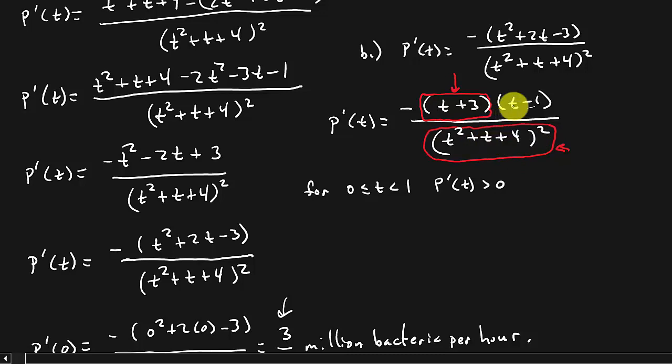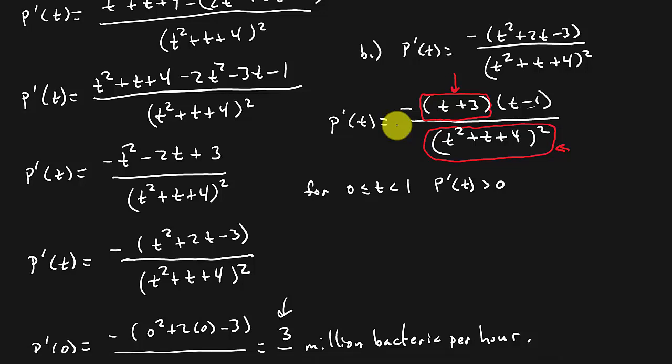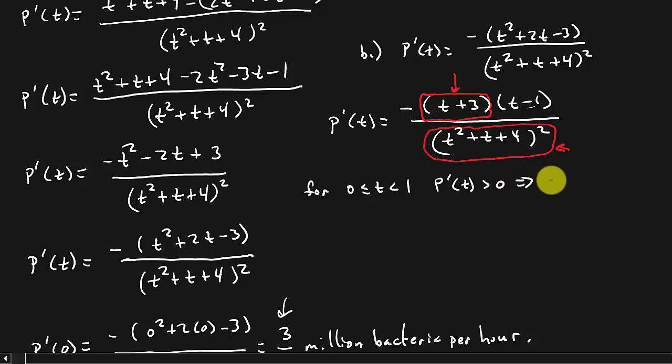And then the negative I get from this and this negative make a positive. So P prime of a number between 0 and 1, not including 1, would be positive. And so that means P of t is increasing.